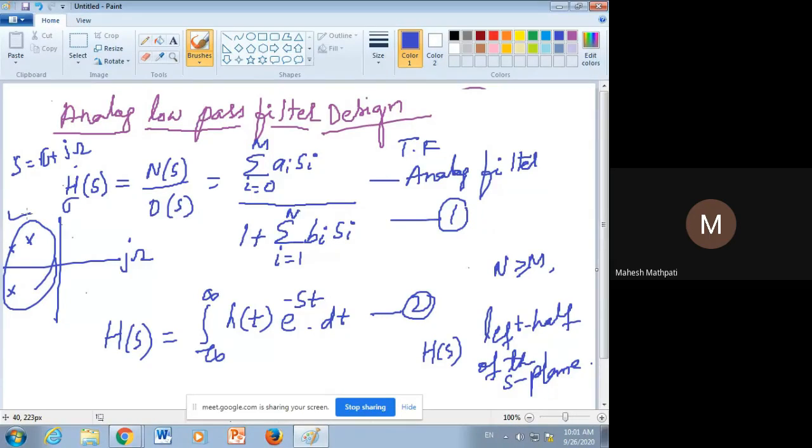Okay, next title you write. There are different types of analog filters, like the Butterworth filter and the Chebyshev filter, but according to your syllabus only the Butterworth filter needs to be studied.